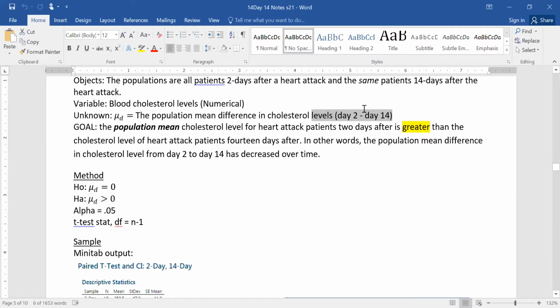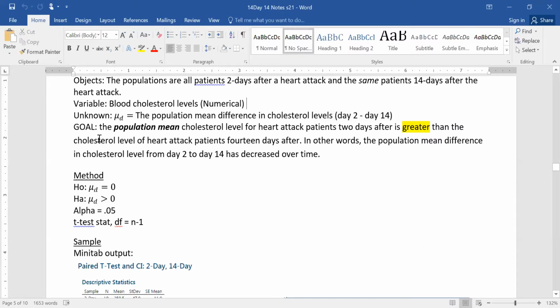So if someone told me it was day 14 minus day 2, there is nothing wrong with that. It just means then you're going to have a less than symbol here. Okay, so I really need to see this because it doesn't necessarily come right from the problem. So I do like to see that, or something that at least interprets that.